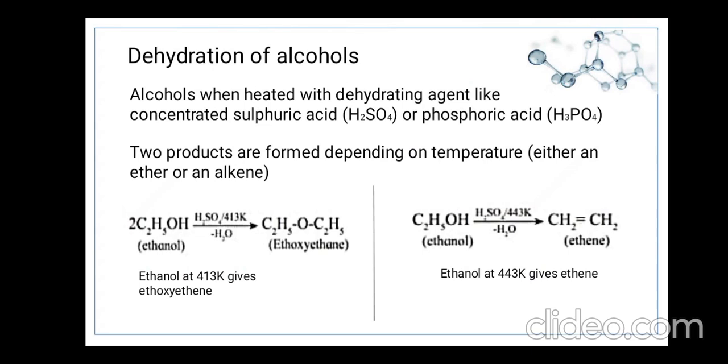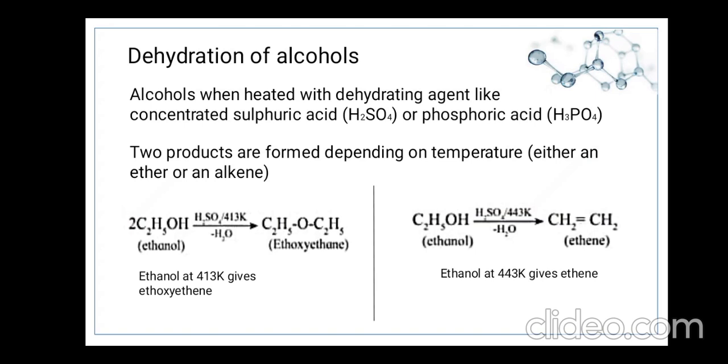Ethoxyethane is formed at 413 Kelvin and ethene is formed at 443 Kelvin. So here students, we see that temperature plays a very important role.